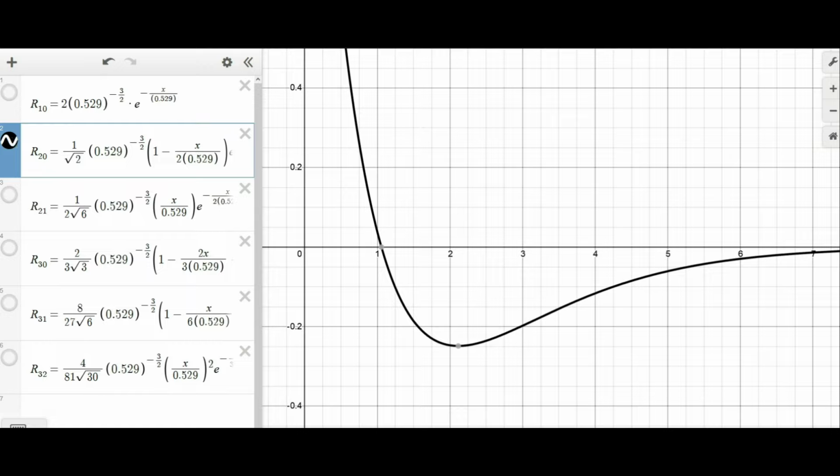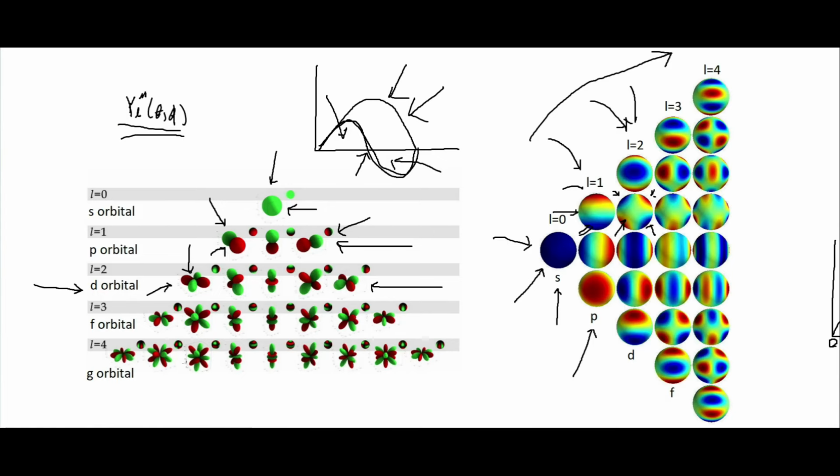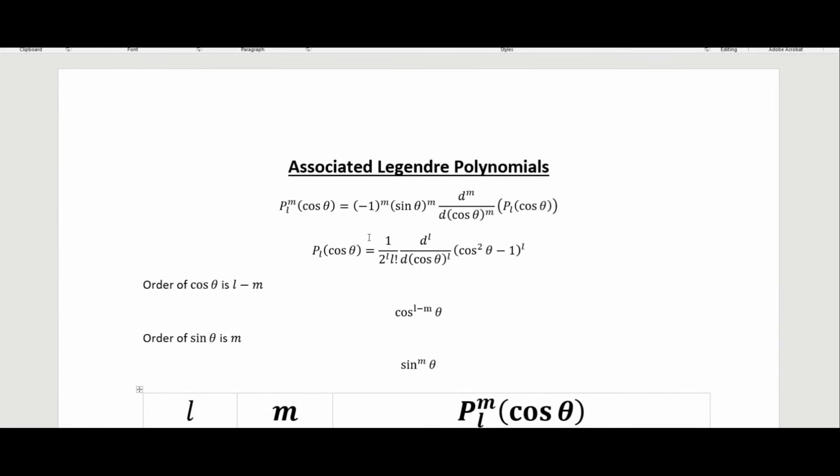And so one other thing I wanted to show, well, there's several more things I still want to show, but one of them is this, and I actually got this from my physical chemistry textbook, the physical chemistry textbook by David W. Ball. I have the second edition here, but the associated Legendre polynomials.